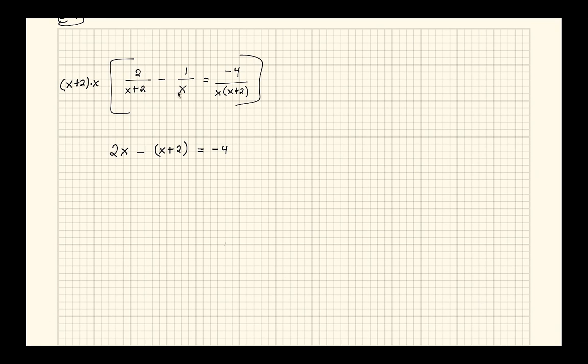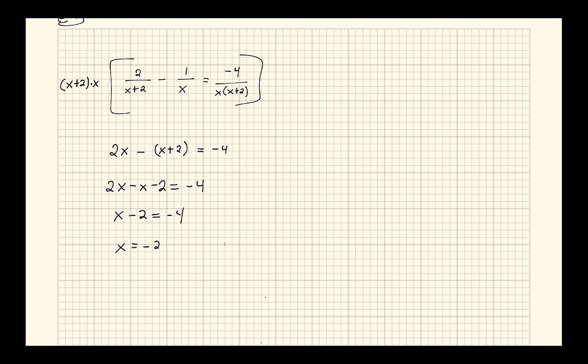Make sure you distribute this negative through, so this should be 2x minus x minus 2 equals -4. This reduces to x minus 2 equals -4. Add the 2, x will equal -2.